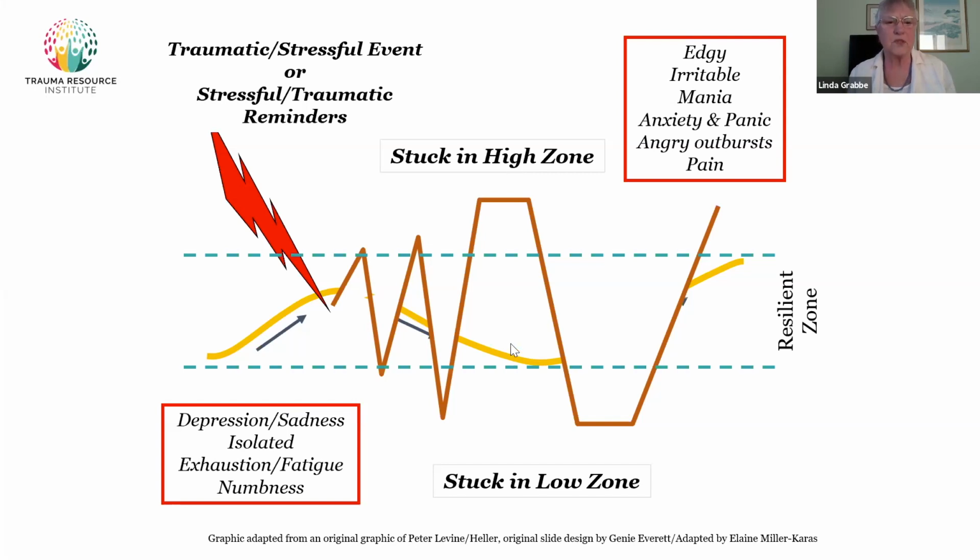We can be thrust right out of this resilient place, this internal state of balance, into a state of edginess, irritability, panickiness, and anxiety. Alternatively, we can be thrust into an excess parasympathetic state with sadness, depression, exhaustion, fatigue, and numbness.